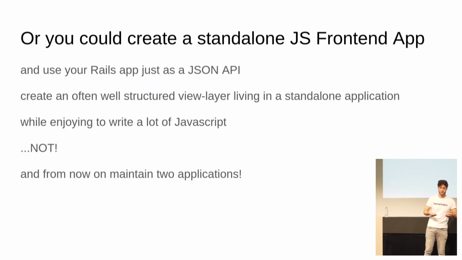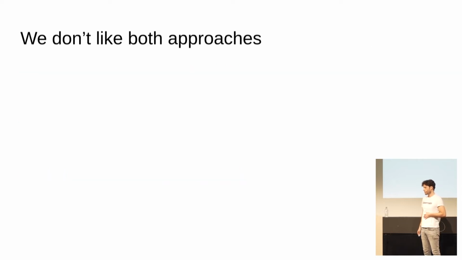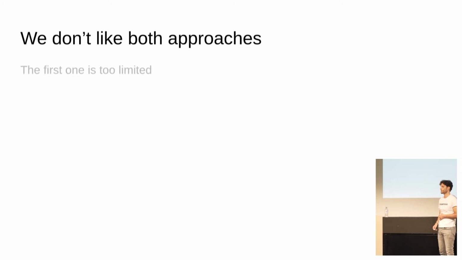There are a lot of disadvantages to having two applications, two repositories, two test suites. So we don't like either approach, obviously. If I say we, I mean me, my colleagues and some people I know. The first one, the Haml, ERB or Slim approach, is in our opinion too limited.